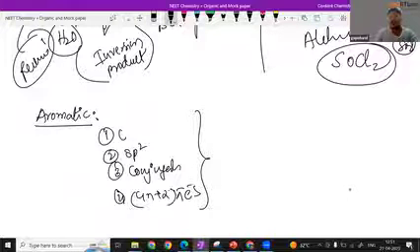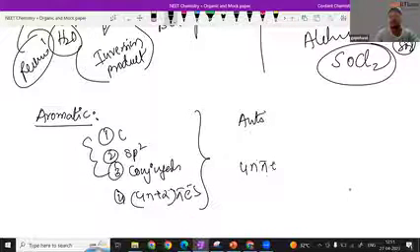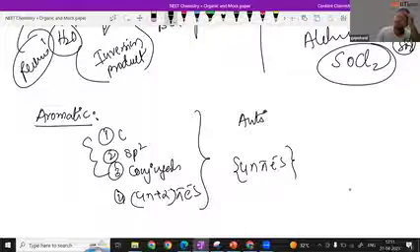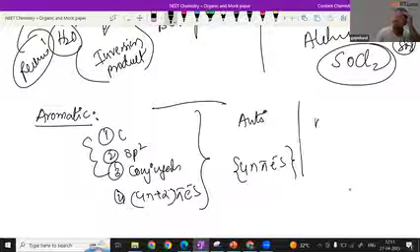What about anti-aromatic? The first three are the same and the last one will be 4n pi electrons. Okay. So this is another important topic. If both rules fail, then that will become non-aromatic.